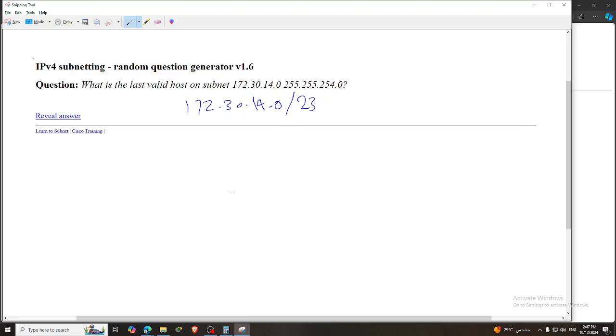Okay, so here we should know the last valid address on this subnet.